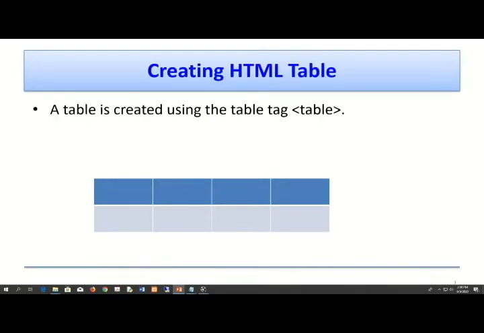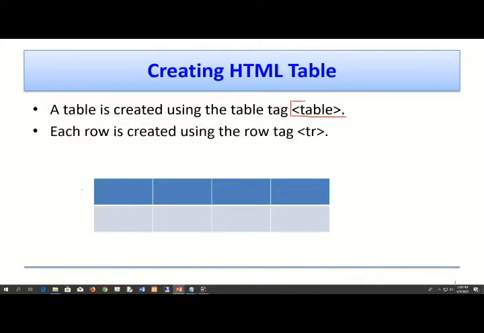we have tags to define these things. So how do you create tables in HTML? We have a tag called table. Assume I want to create this particular table. If it is a table, we have rows.